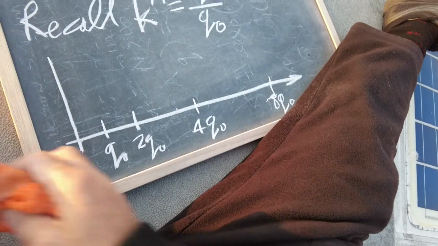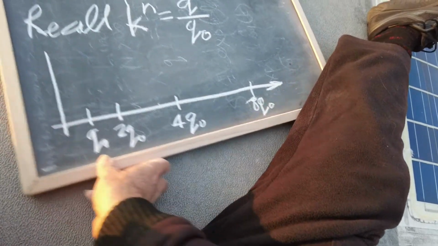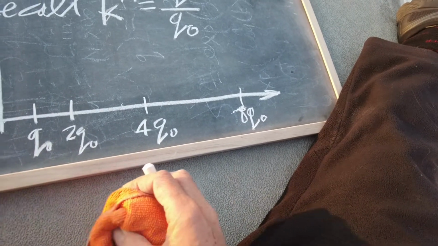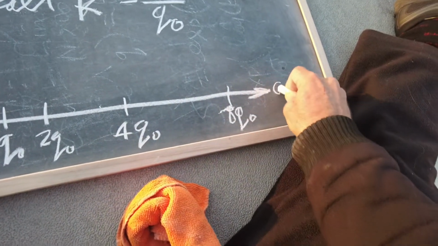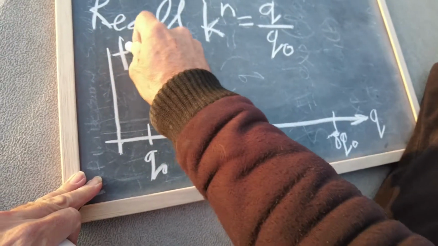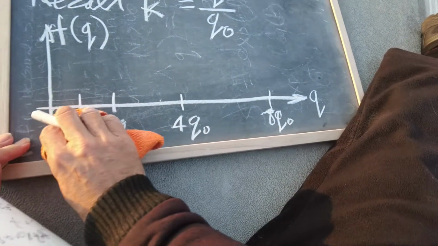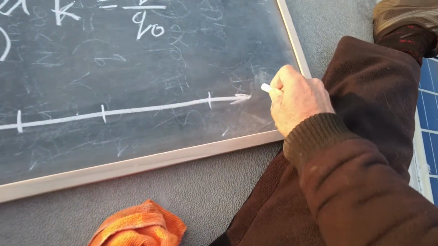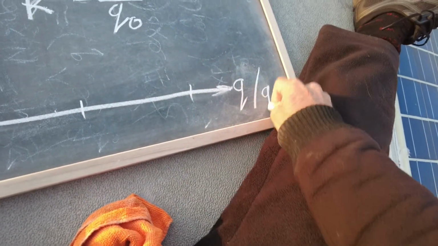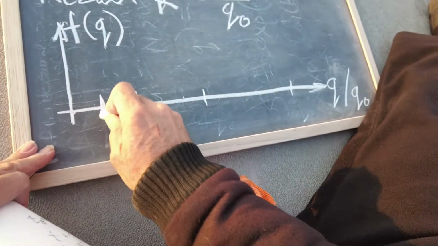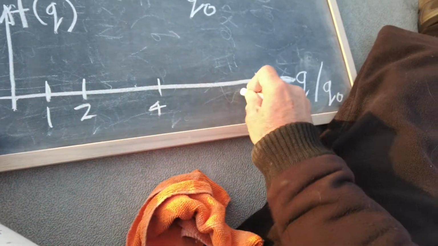And if we change this axis, and this was q and this was f of q, remember we had that axis. Now the first thing to do is to change this to q over q0, and then these become 1, 2, 4, and 8.